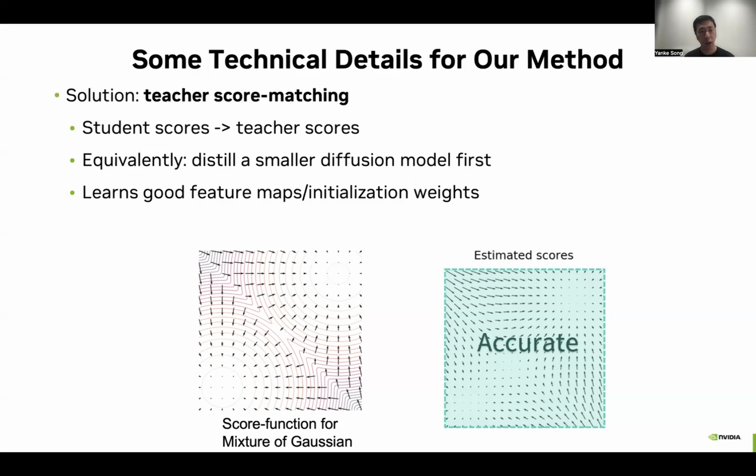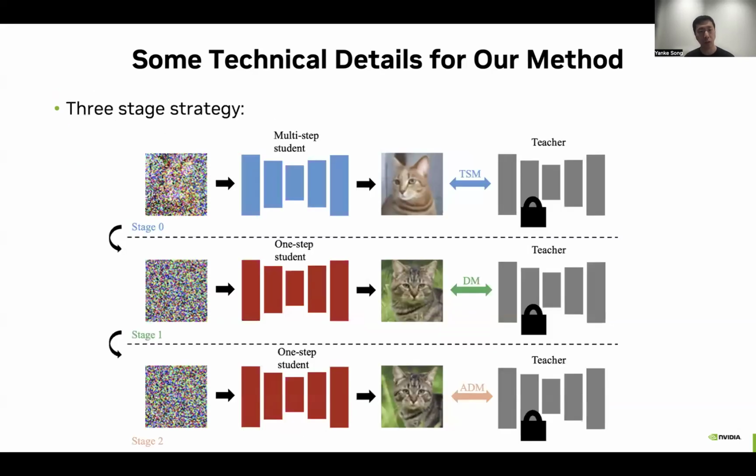This additional stage helps the student with learning good feature maps and initialization weights, which can be very helpful for the later single-step distillation stage. A short summary. In order to distill into a smaller student, we need to apply three techniques. We first do teacher score matching to distill into a multi-step student and make it smaller, followed by single-step distillation using distribution matching and adversarial distillation techniques.